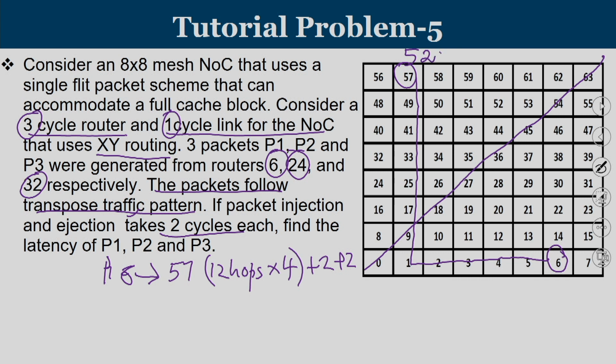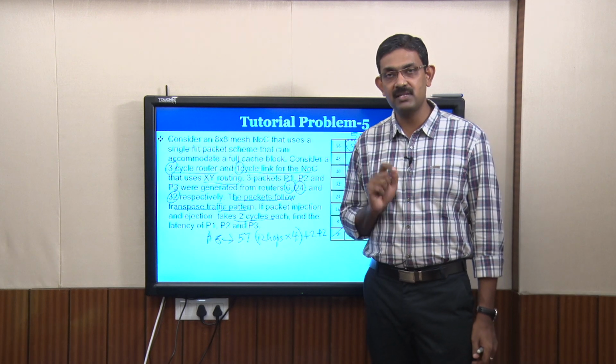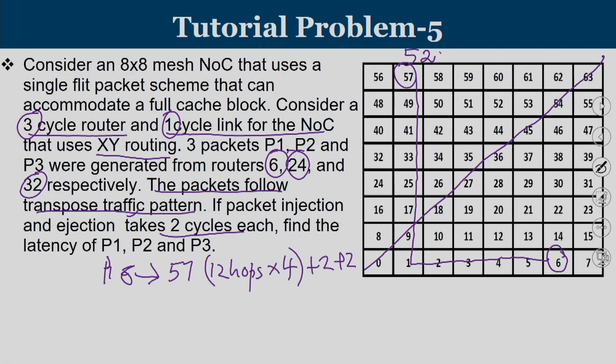So, I will repeat once again, packet P1 is starting from 6. As per the transpose pattern, the destination of a packet starting from 6 will be 57 because 57 is located at the transpose position of the coordinates of 6. 6 and 57 are separated by 12 hops. So, I have to pass through 12 routers and 12 links.